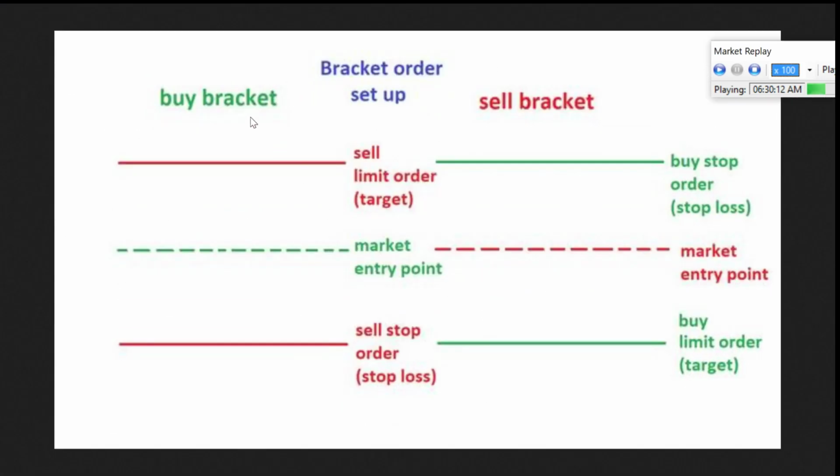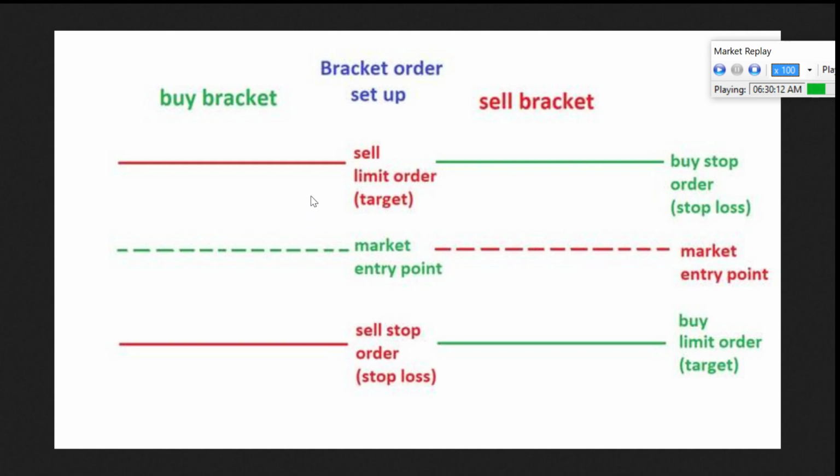Basically, it's set up so that if I'm going long, if I'm buying, the software will automatically place a limit order above the market entry point. That's my target. So it's a sell limit order, which would counteract the buy trade.